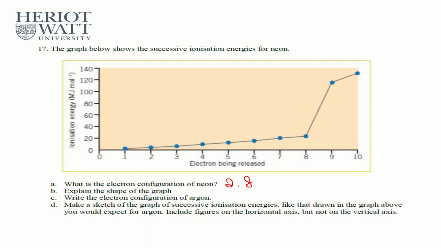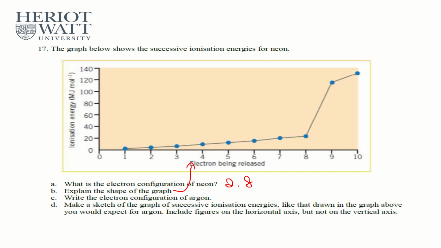The ionization energy steadily increases from 1st to 8th, and there's a big jump between 8th and 9th. This is just to explain the shape. You just state the trends out. So it steadily increases from 1st to 8th, and from 8th to 9th, there is a big jump.